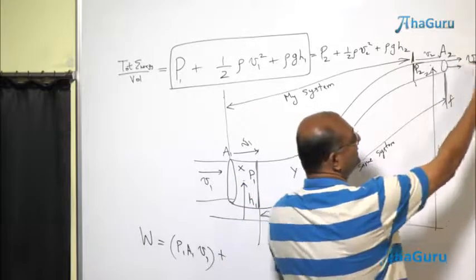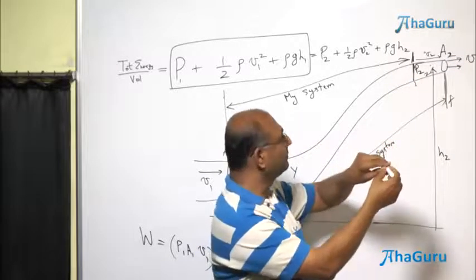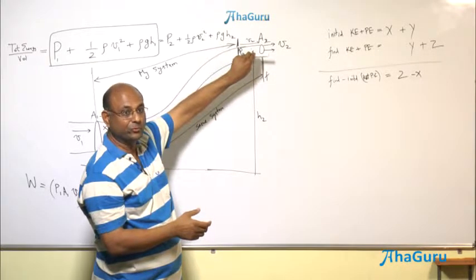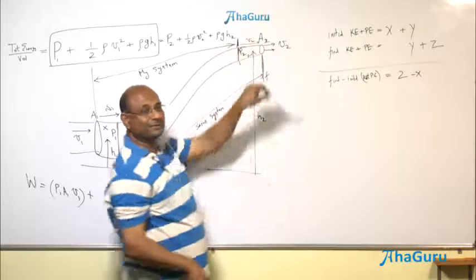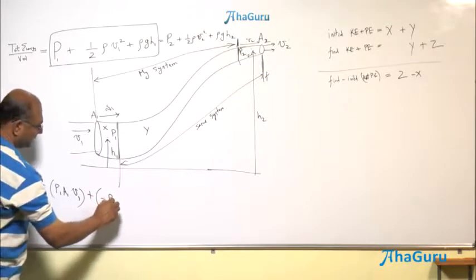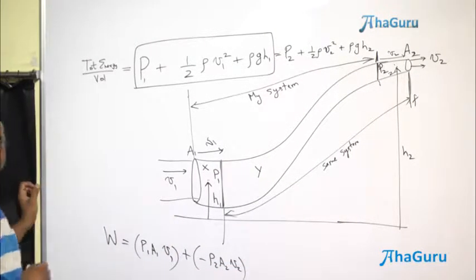But what is the force in this direction? P2 here, P2 into A2, but it's moving in that direction. What is the work done? Minus P2 A2 V2, because it moved V2. Of course, we know that A1 V1 is equal to A2 V2.